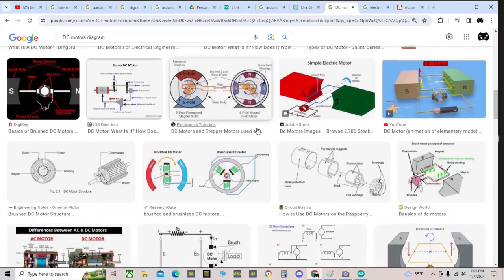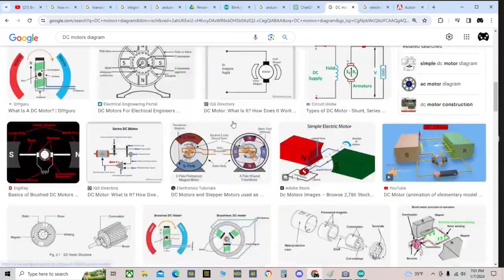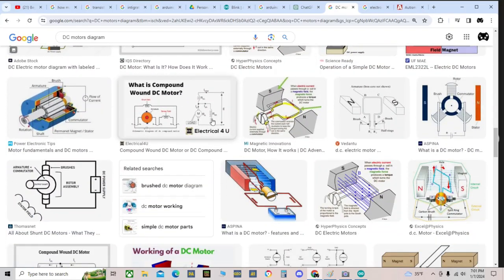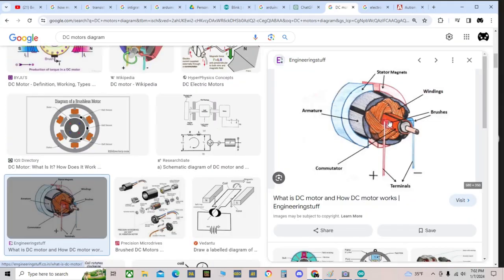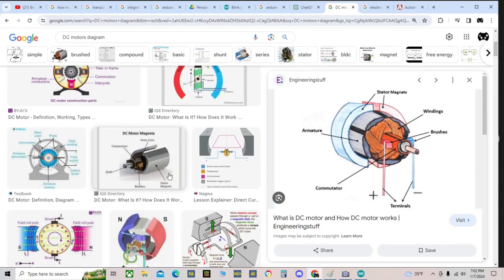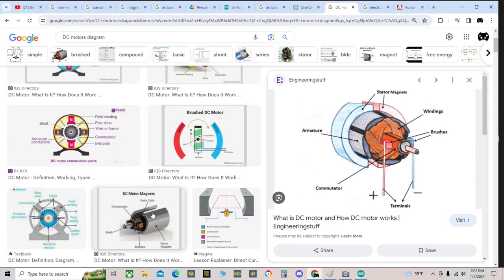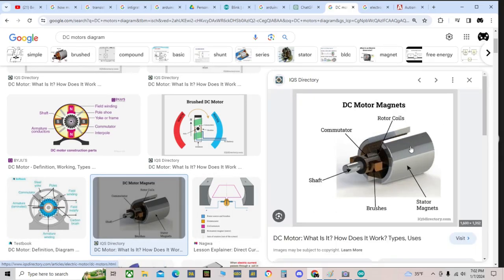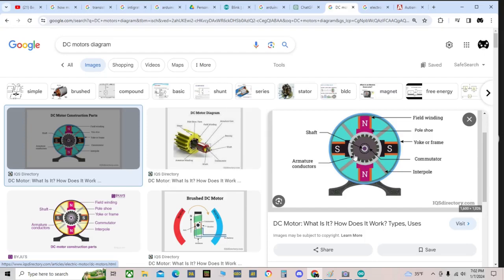So if I can find a good diagram I can show you, but there's nothing here. The only thing you need to know is it turns using magnets and coils, and it only lets electrons flow through stuff at certain times, so it gets the full rotation. That means if you reverse the polarity, it reverses the spin.